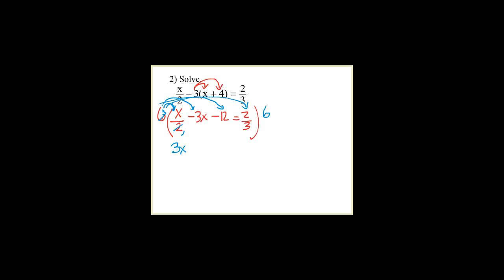Now I go back. 6 times -3x is -18x. 6 times -12 is -72, equals 4. All right, next step, combine like terms. 3x minus 18x is -15x. 72 equals 4. Add 72.